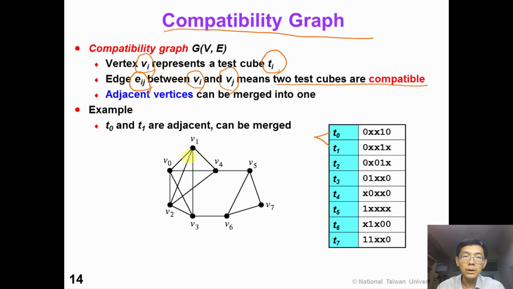So in the compatibility graph, we have an edge between vertex V0 and V1. Adjacent vertices with an edge between them can be merged into one test cube. For example, T0 and T1 are adjacent, so they can be merged into one test cube.